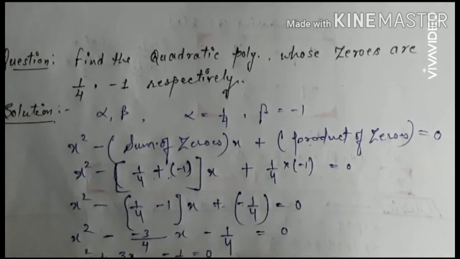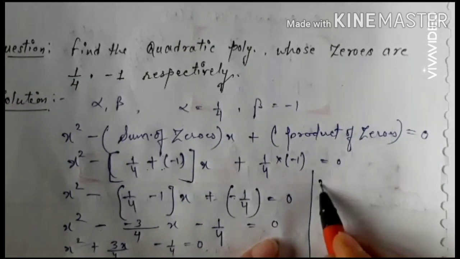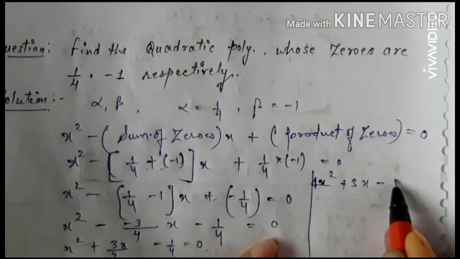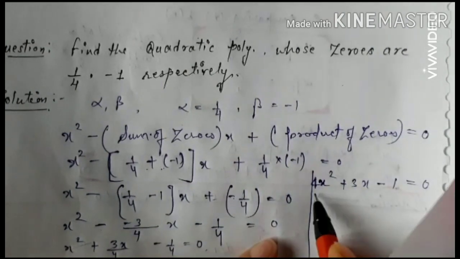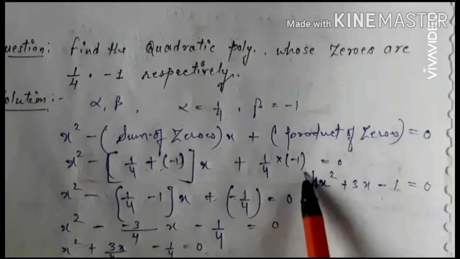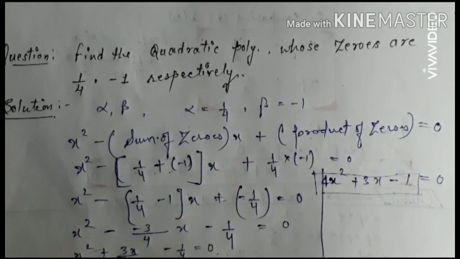Now you can take the LCM of this one, so this will become 4x square plus 3x minus 1 equal to 0, because the 4 goes to the right hand side. So this is your quadratic polynomial.